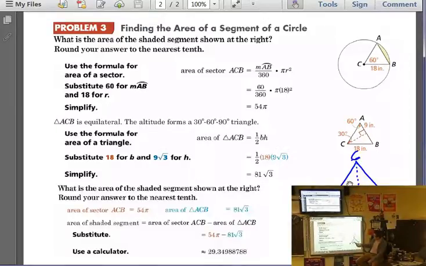This is 9. From B to C is 18. A to C is also 18. So we need to know this height. If I'm looking at this right triangle here, what trig function could I use, Brian? You could just do the 9 times 9 minus the 18 times 18. You're talking about Pythagorean?